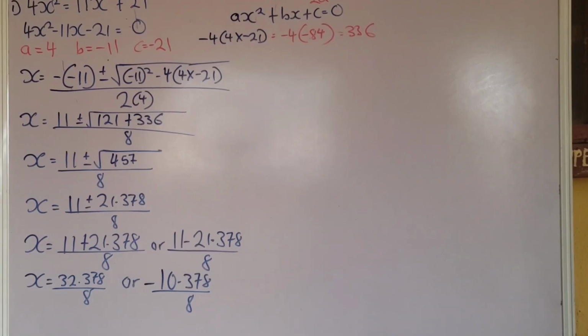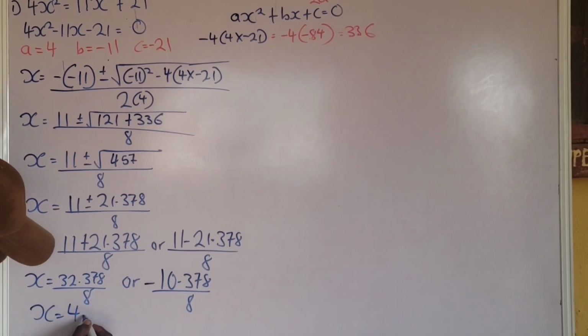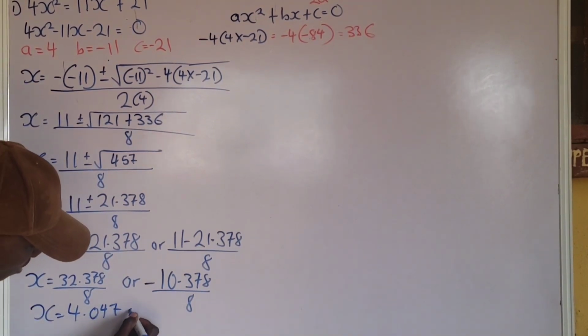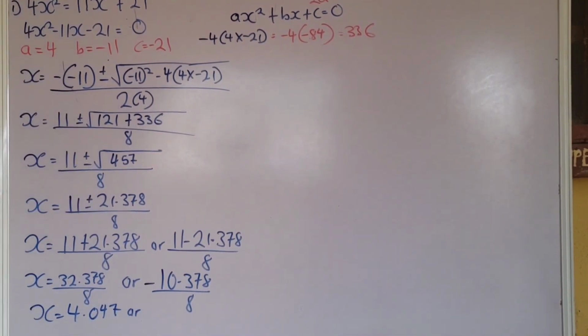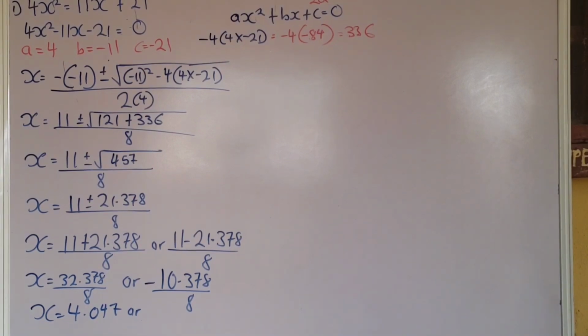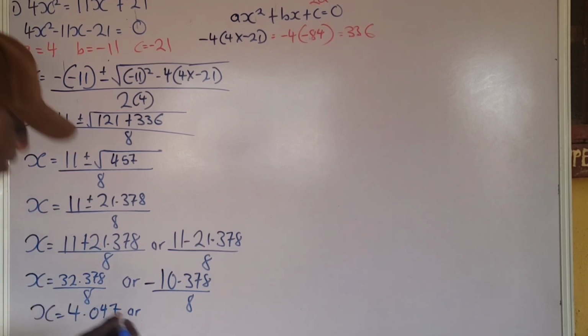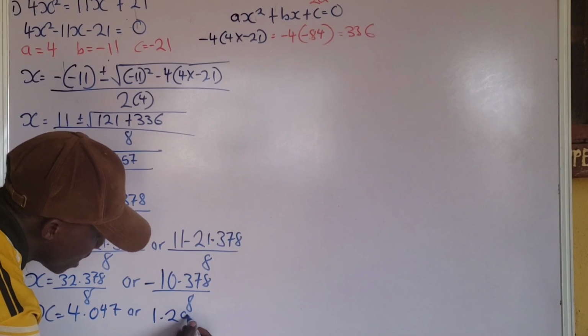So we have 32.378 divided by 8. That will give us 4.047. X is equals to 4.047, or negative 10.378 divided by 8, that is negative 1.297.